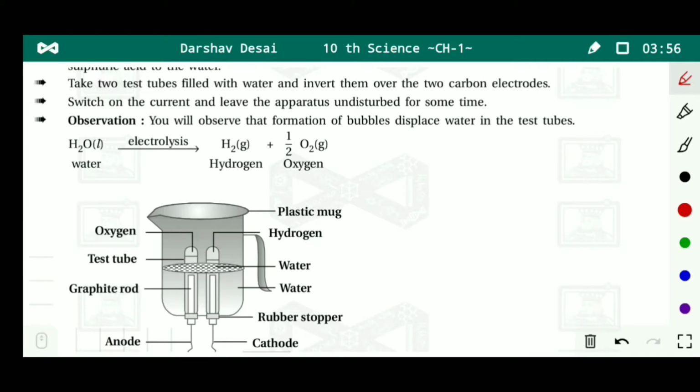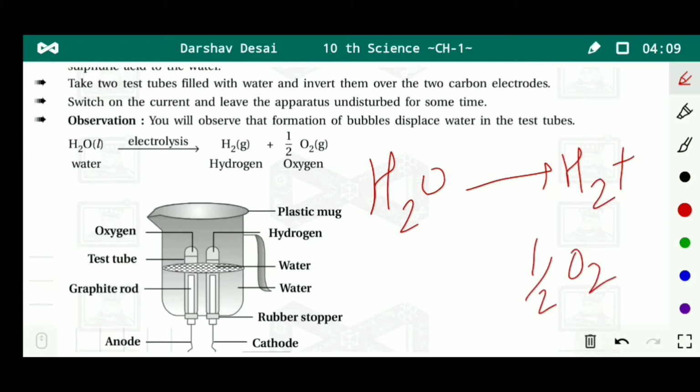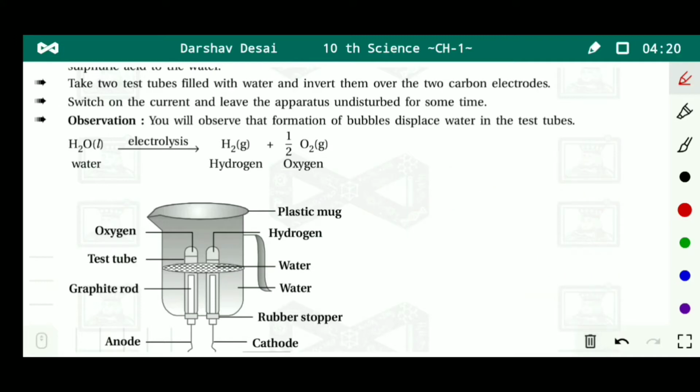Electrolyzed means breakdown, so H2O is converted into H2 plus 1/2 O2, because on the left hand side 1 oxygen is present, so we write 1/2 O2 on the right hand side. Clear? So water is broken down into hydrogen and oxygen gas.